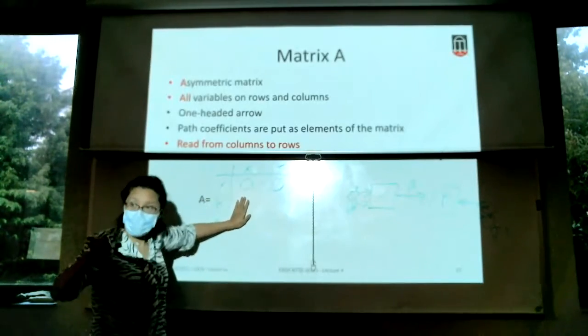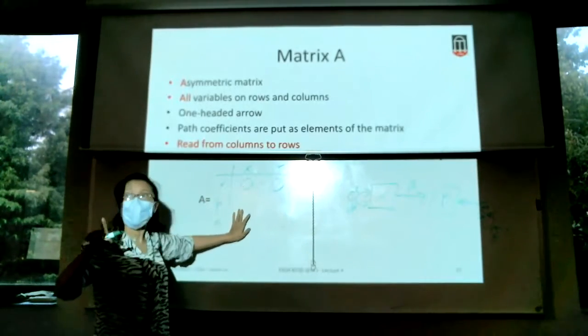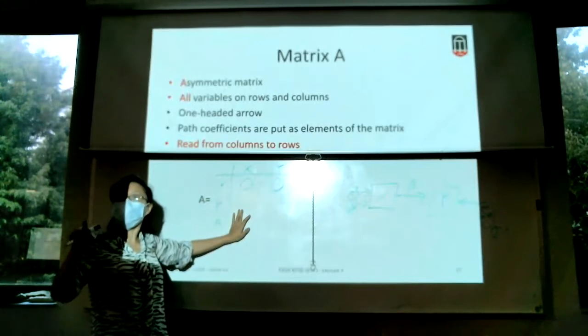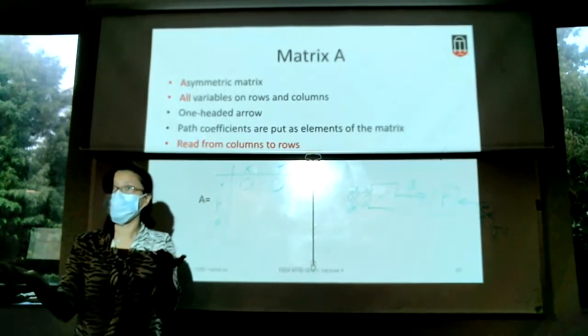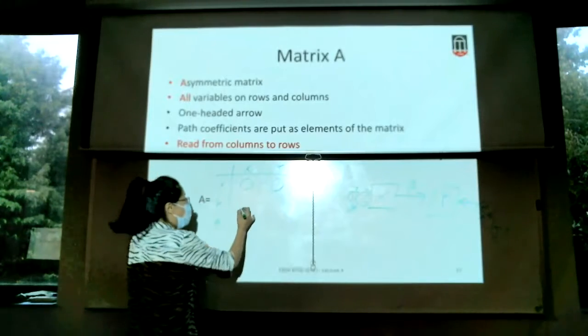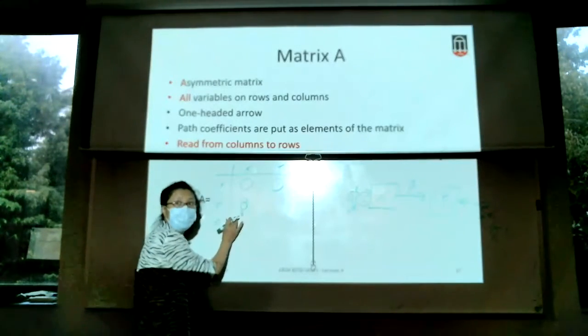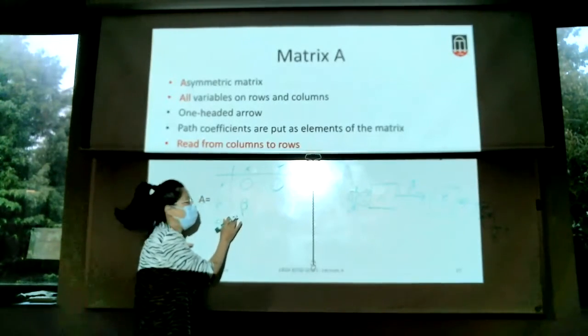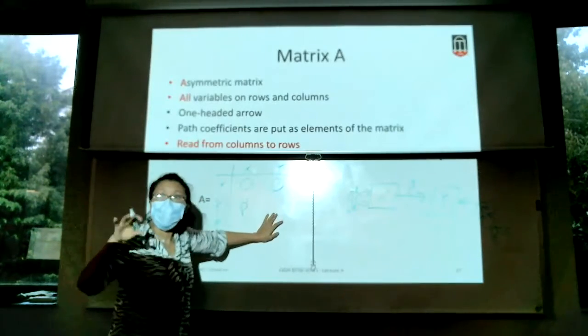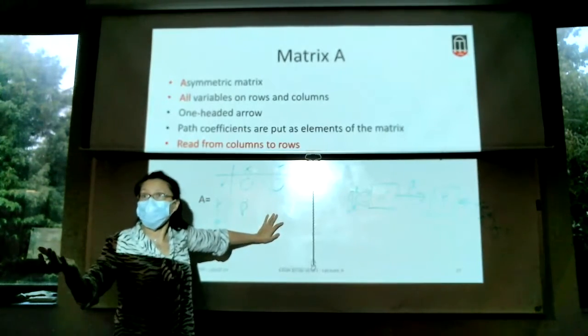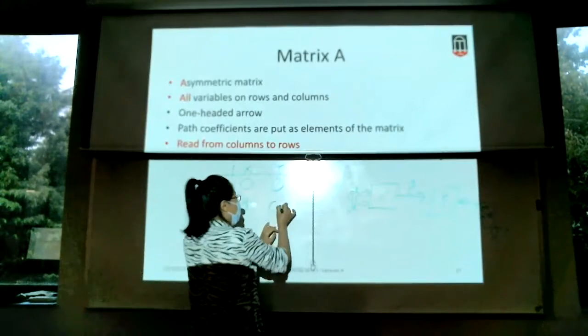From x to y, is there any single-headed arrow? Yes. What is the coefficient? Beta should be put here. This is beta, from x to y. From y to y, is there any single arrow? No, 0.